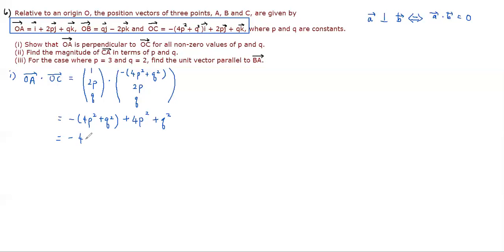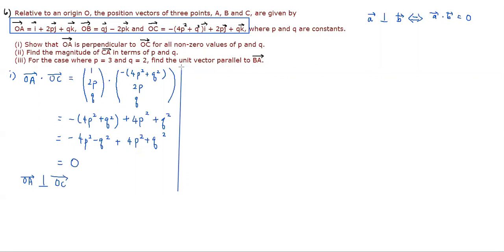You have negative 4p squared minus q squared plus 4p squared plus q squared. This results in a 0. Since the dot product of vector OA and vector OC is 0, we can say that vector OA is perpendicular to vector OC.